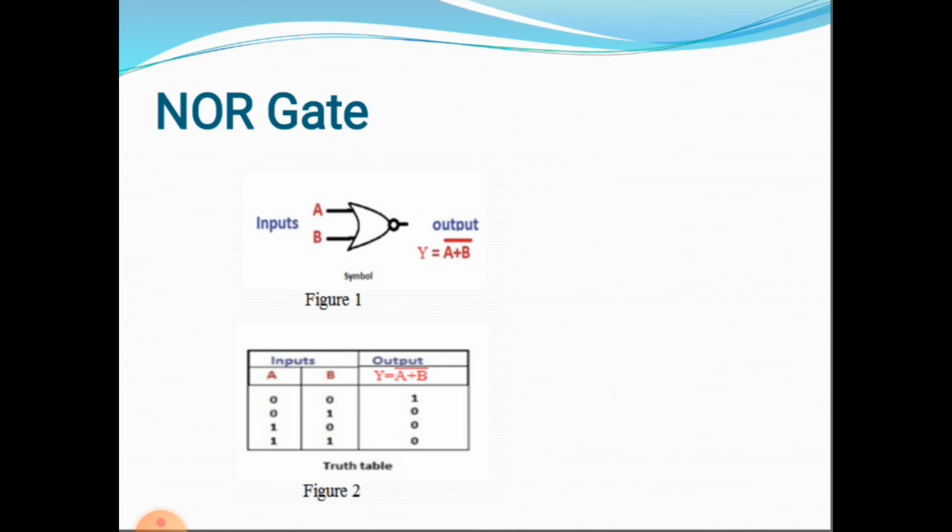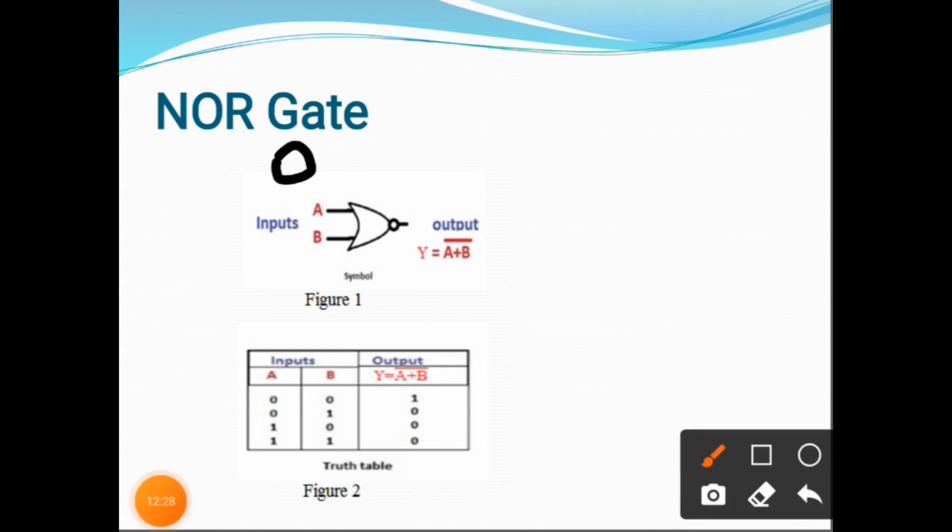When we pass input A equals 0 and B equals 0, then output will be 1. Let us consider the second condition. When we pass A equals 0 and B equals 1, then output will be 0. Then third condition, this one. When we pass A equals 1 and B equals 0, then output will be 0.